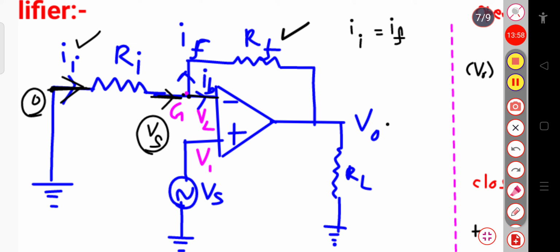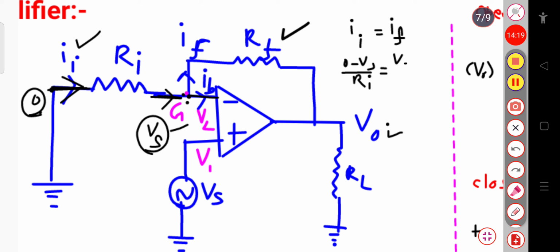Now if I take the voltage, that is 0 minus Vs divided by Ri, in place of II I can write (0 minus Vs) divided by Ri. And this is equal to, for IF, similarly Vs minus Vo divided by Rf.